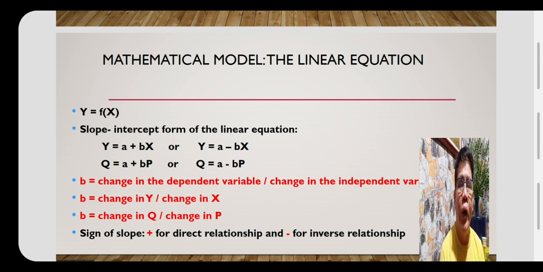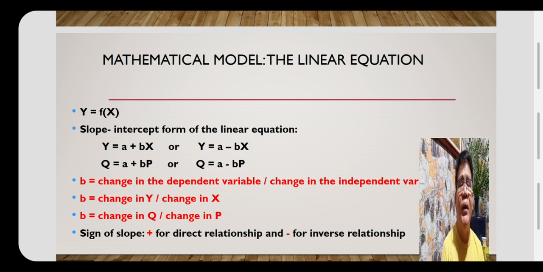Always, because B is a quotient, there is a numerator and there is a denominator. The numerator stands as the change in the dependent variable, and the denominator stands as the change in the independent variable.